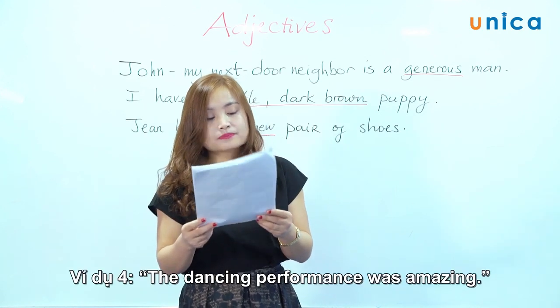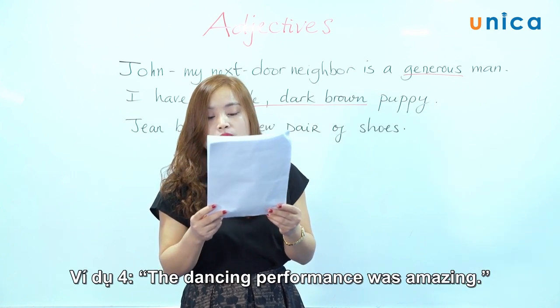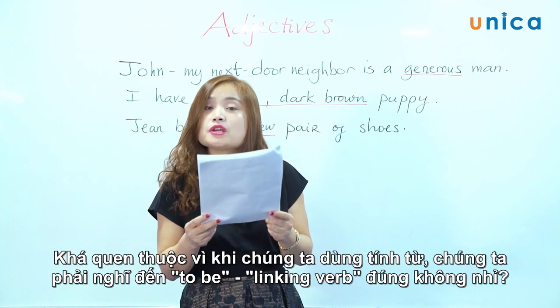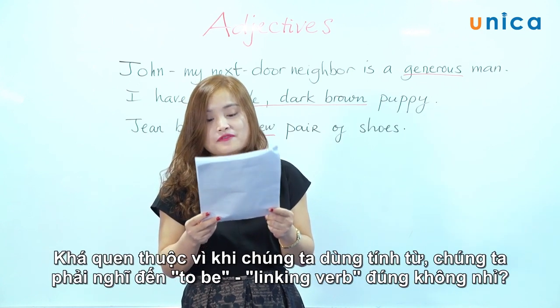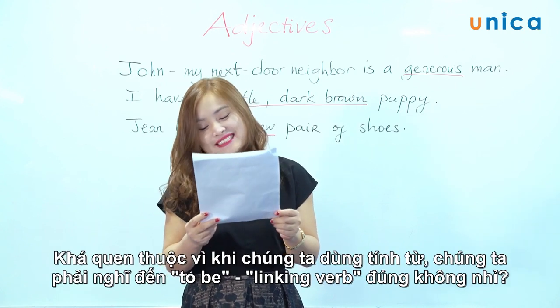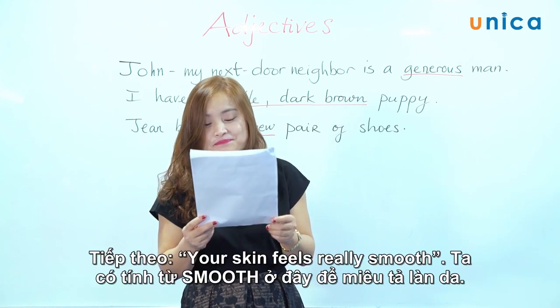Example number 4: The dancing performance was amazing. This is quite common because when we use an adjective, we have to think of the verb to be, a linking verb. Was amazing.